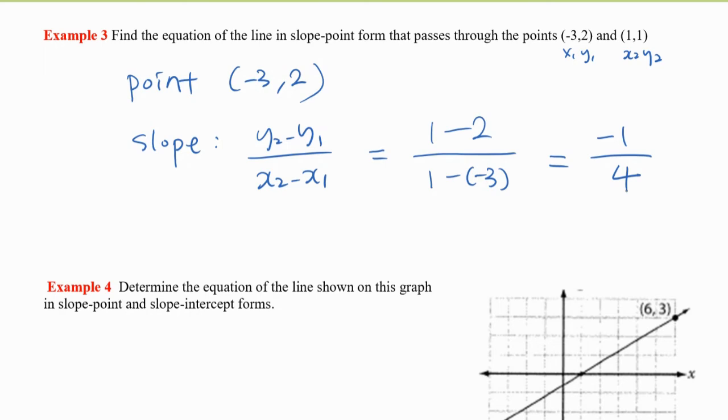Okay, let's find the slope point form. Y minus y1 equals m, x minus x1 is the formula. So we can write y minus y1, this is y1, right?